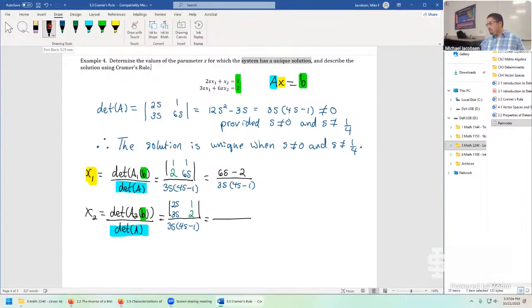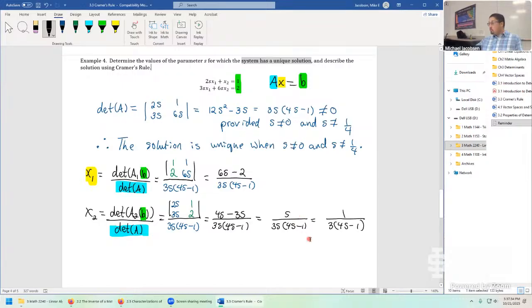And finally, we have from this determinant, 4s minus 3s, divided by 3s times 4s minus 1. This one does simplify a little bit, so we have just s in the numerator, 3s times 4s minus 1. So we have 1 over 3 times 4s minus 1. So that's what would happen with the second solution.